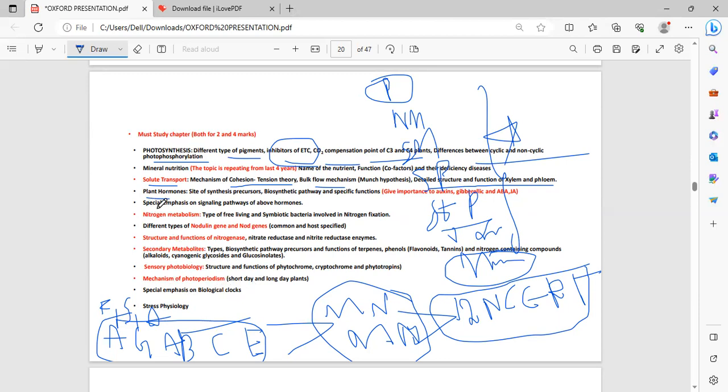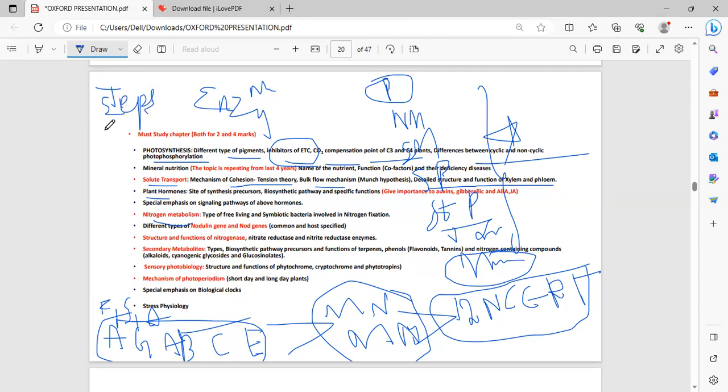After that, nitrogen metabolism. Nitrogen metabolism consists of various enzymes which are involved in different steps of nitrogen metabolism, just like the nitrogenase enzyme. And next, we have to mainly focus on the enzymes involved. First of all, what are the steps involved in nitrogen metabolism?